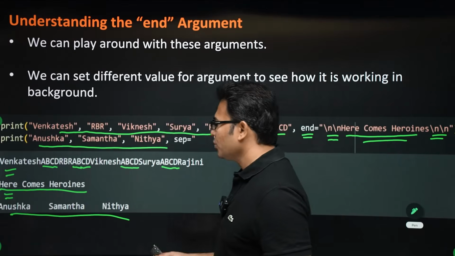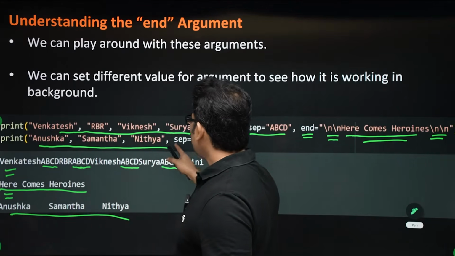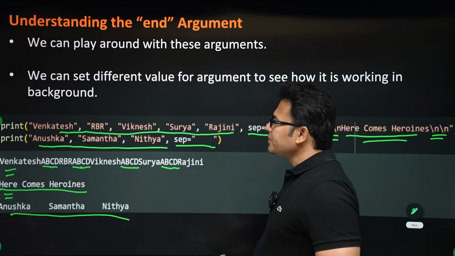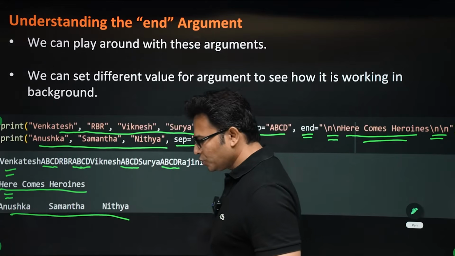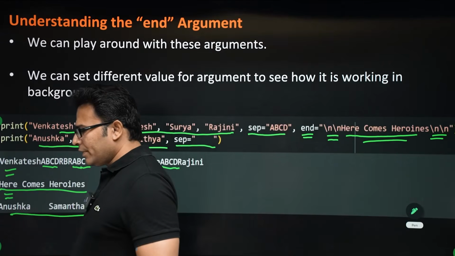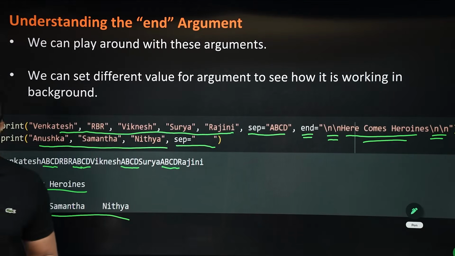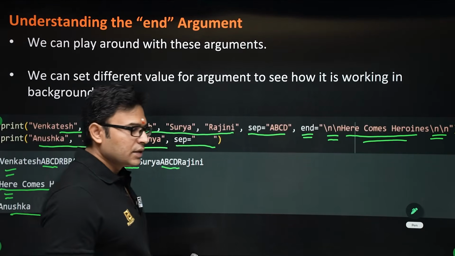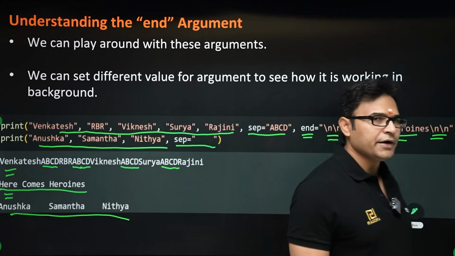And if you observe one more thing, between Anushka, Samantha and Nitya, there is a tab given. Four spaces are given. That is why we are getting four spaces. Try to play with them. So I have told you about separator, and I have told you about end. So you can actually play with print by using separator and end.